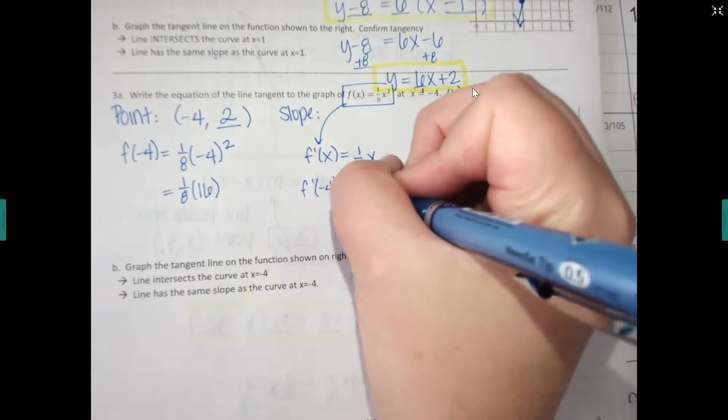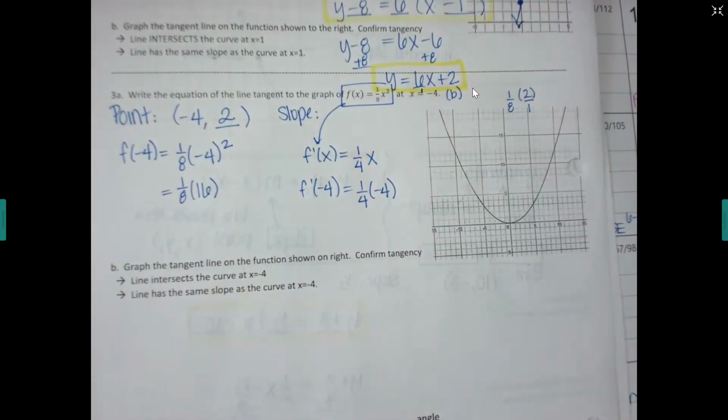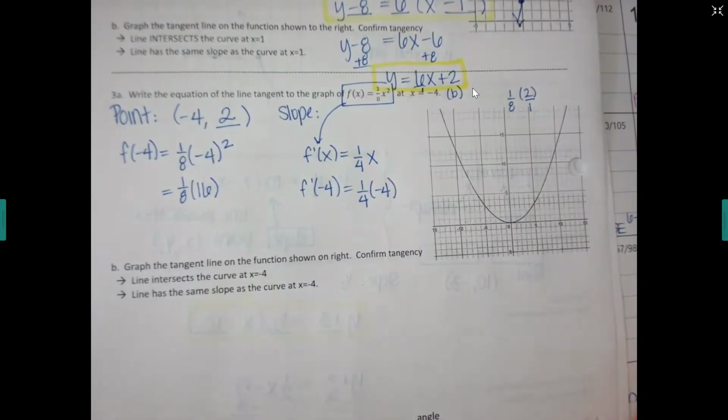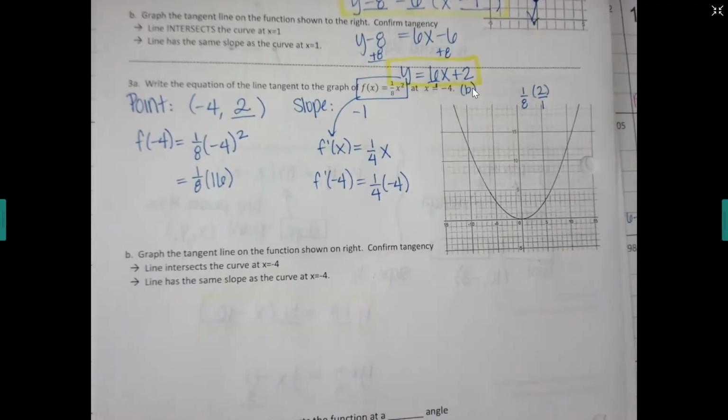1/4 of -4 would give me what final slope? -1. Very good. Okay, then take your ingredients, write your equation of your tangent line.